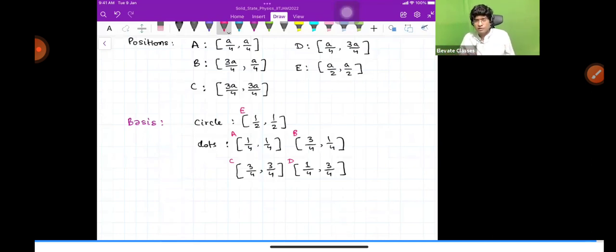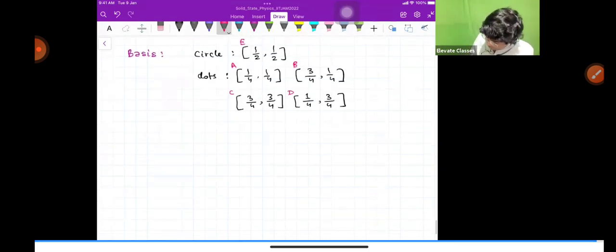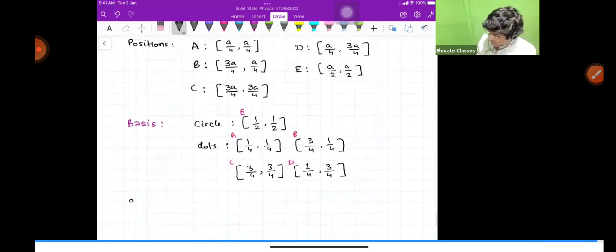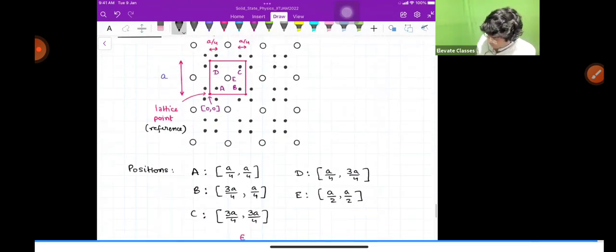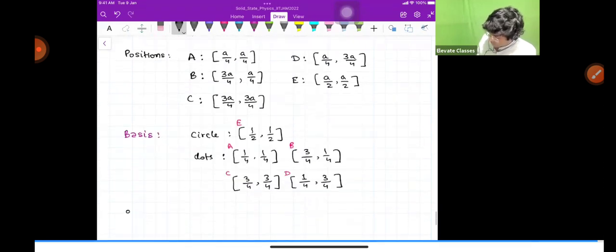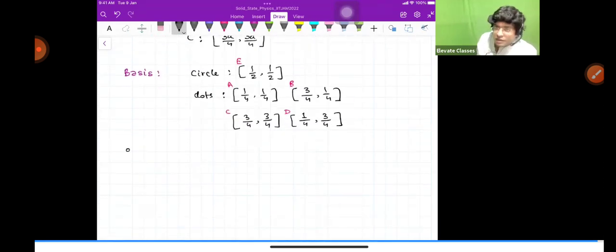Okay, that's it. So, how many atoms are there in this basis? This is the basis, right? I've written down the basis. There are 5 atoms in this basis. All right.